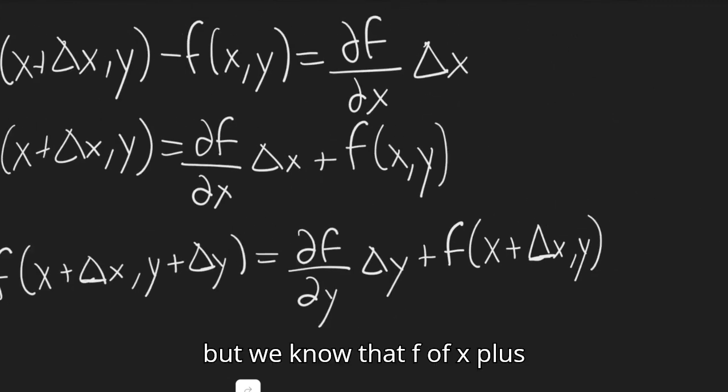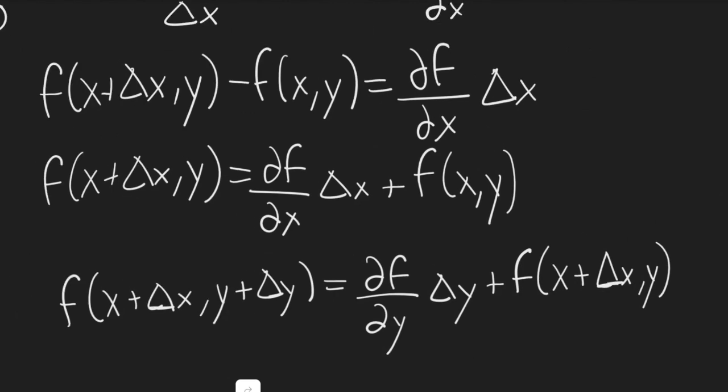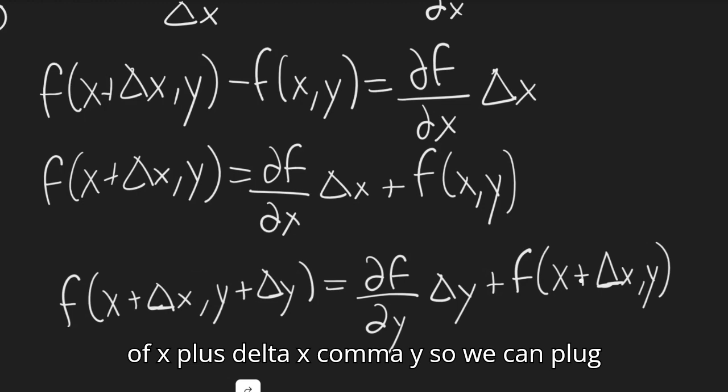But we know that f of x plus delta x, comma y is equal to this. We already have an expression for f of x plus delta x, comma y.